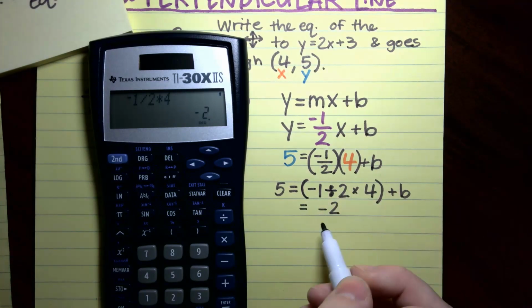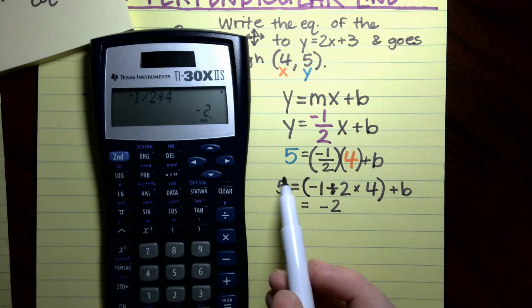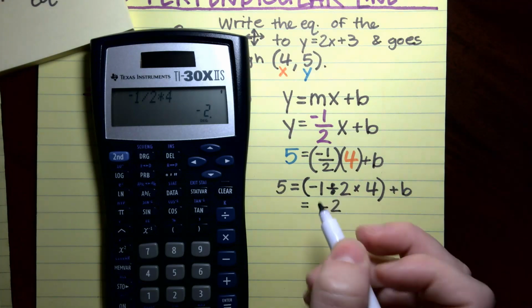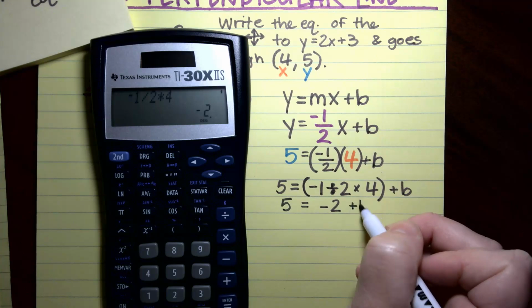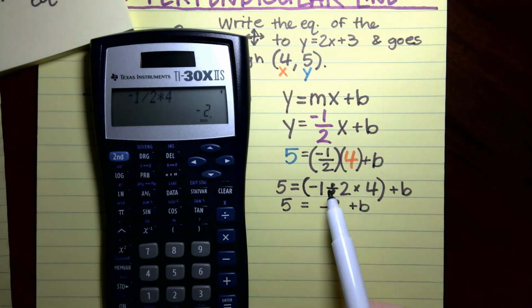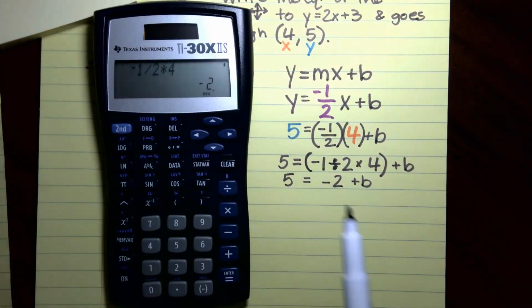Equals b? Not yet, because we still have, look up here at my paper, 5 equals negative 2 plus b. All we did there was the slope times the x. Now we've got to solve. So now I have 5 equals negative 2 plus b. And what do I need to do to solve for b?